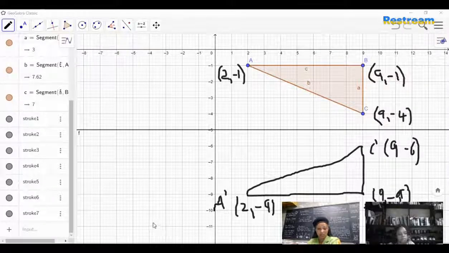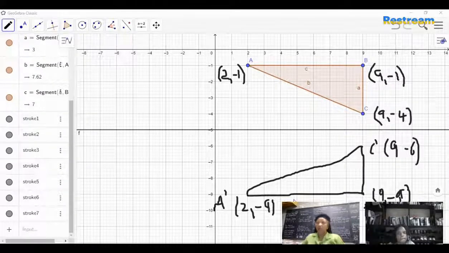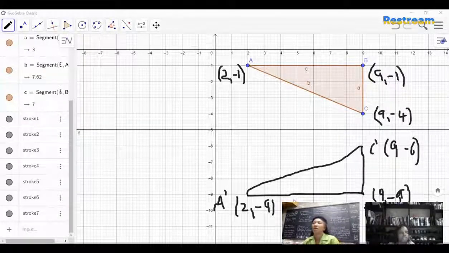So miss, the sign changes depending on the mirror line. So since it's negative, we would subtract, and if it's a positive mirror line, we would add. No. Remember, we still subtracted, but you got positive numbers because they were bigger.